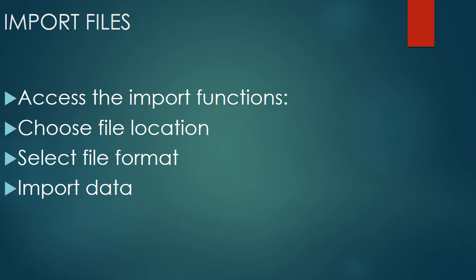Then choose file location. Browse to the folder where the file you want to import is located. Whenever you click on browse, it will take you to files or folders where you can choose the data that you want to import.